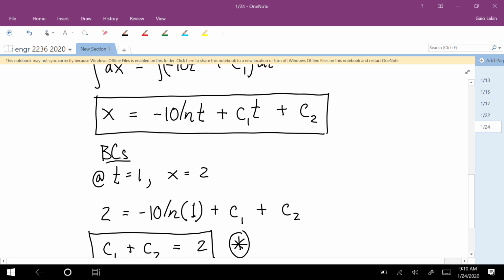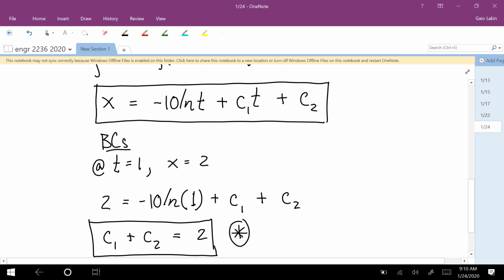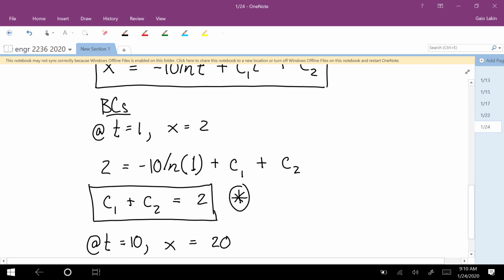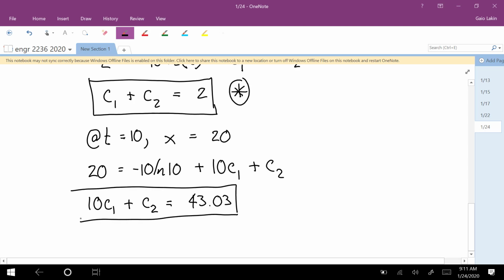You get 20 is equal to negative 10 natural log 10 plus 10c1 plus c2. Can someone tell me what's 20 plus 10 ln 10? 43.03. Okay, so that's our second equation.